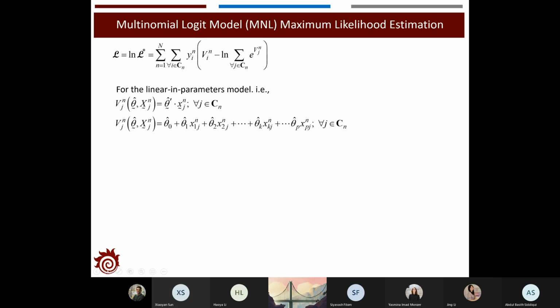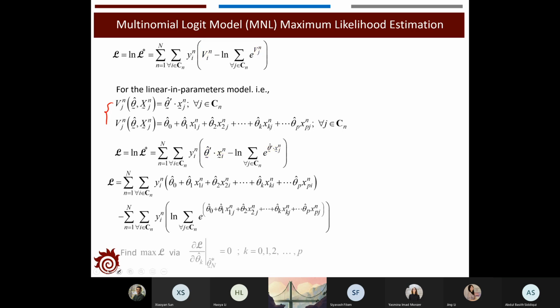Especially here we have the linear assumption about the model. So replace the deterministic component with theta 0 plus theta 1 x1 plus theta 2 x2 and so on, and do the derivation, the partial derivative for all the thetas.